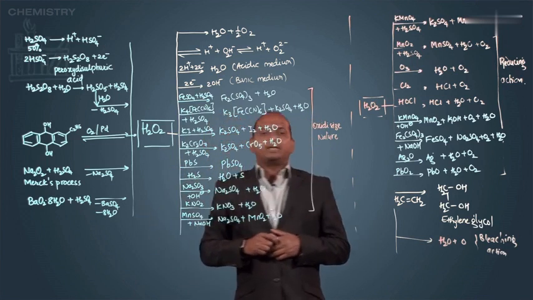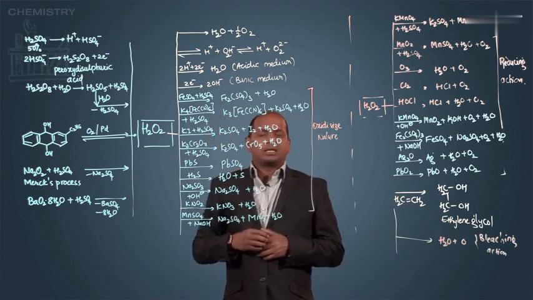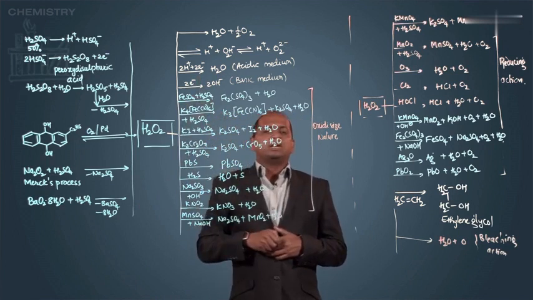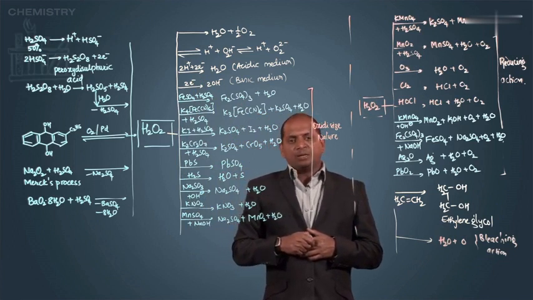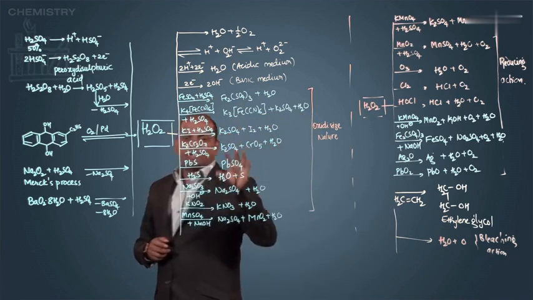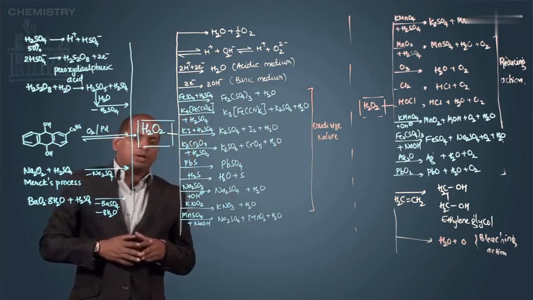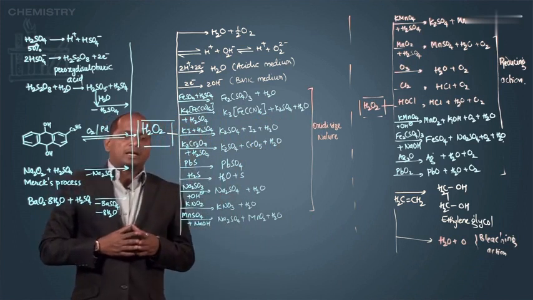Hydrogen peroxide in acidic medium acts as an oxidizing agent by gaining electrons this way, and it acts as an oxidizing agent in alkaline medium also. So, these are some of the reactions where hydrogen peroxide acts as an oxidizing agent.